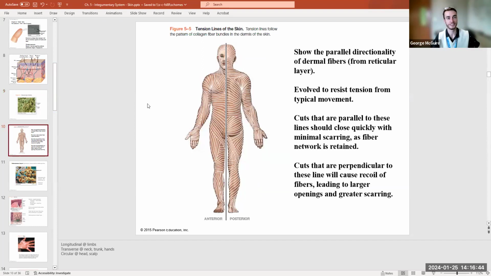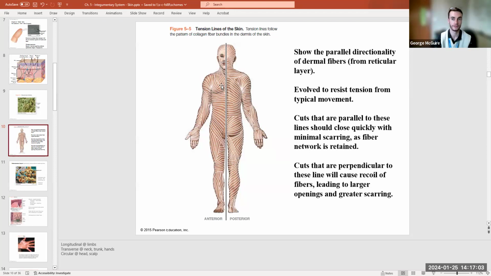Something that I find really cool about our skin is that the collagen fibers in that reticular layer bundle themselves into these parallel networks that we call tension lines. This is a major application for any medical field, as far as making cuts yourselves or treating cuts.